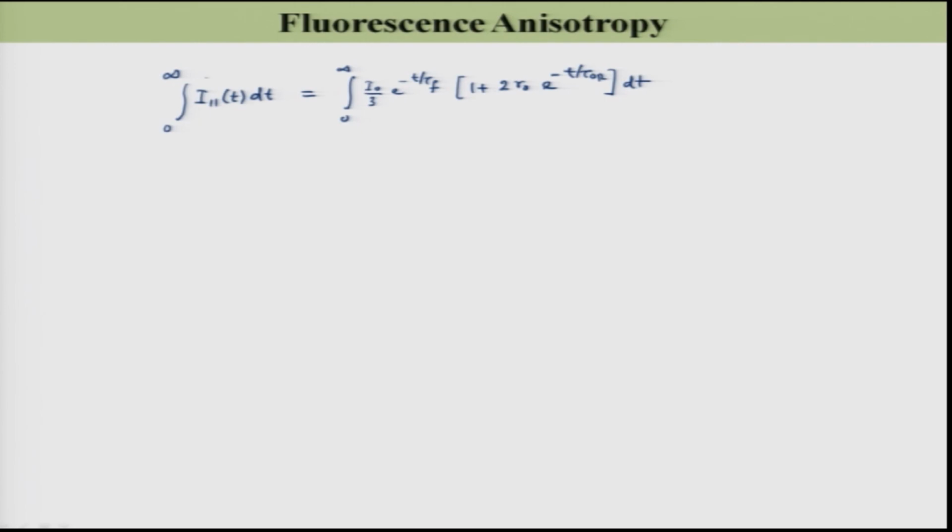So, this integration 0 to infinity I parallel t dt is nothing but the steady state I parallel. So, I just termed it as I parallel steady state. It is integration over all the time. This I parallel t is changing with time, but I have integrated it.